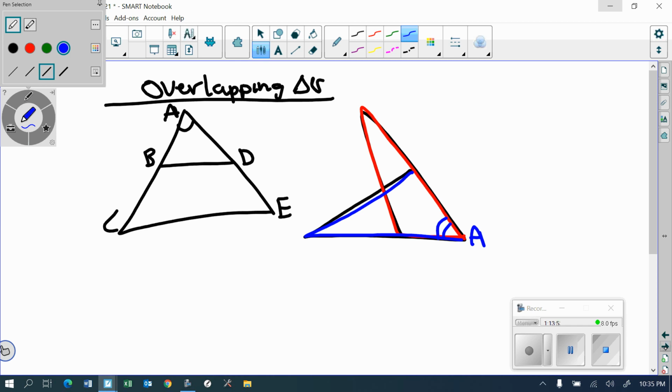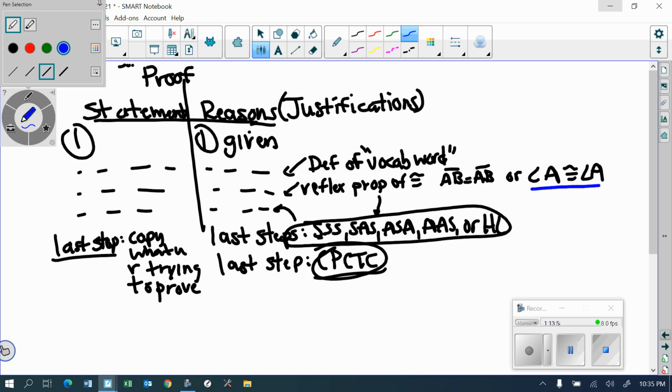Okay, so that's where the angle would be congruent to itself with reflexive property. We saw it with the isosceles triangle theorem where we had the side congruent to itself in the isosceles triangle. That'd be an example of that when the sides are in both triangles. Okay. All right.